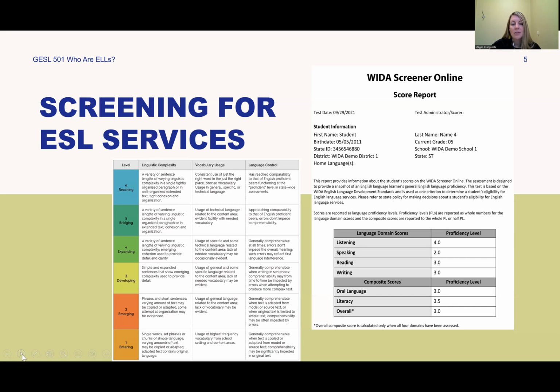They're also using general and some specific language related to the content area. They may be really needing to work on vocabulary development. And then they're generally comprehensible when writing in sentences, although comprehensibility may be from time to time impeded with errors. So that just gives you an idea of where they might be if they're about 3.0 on this rubric. We would call them an intermediate student.